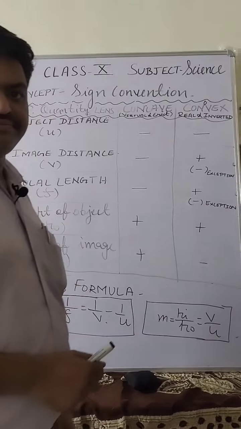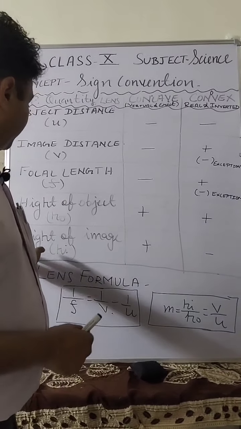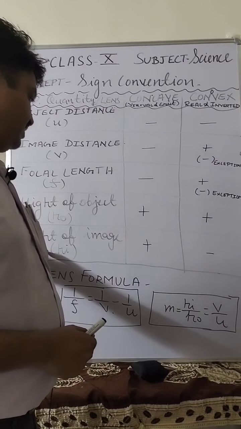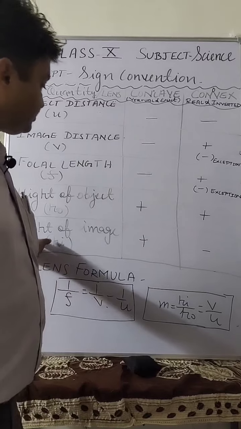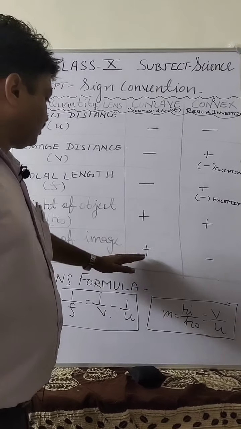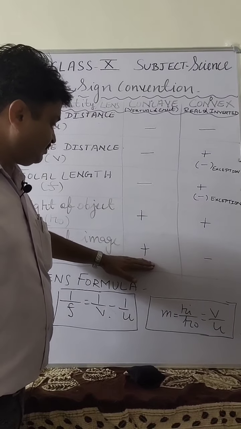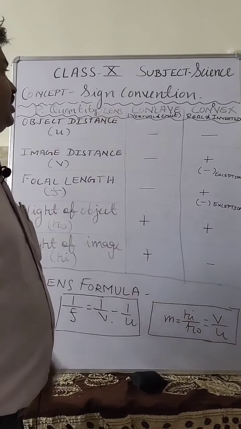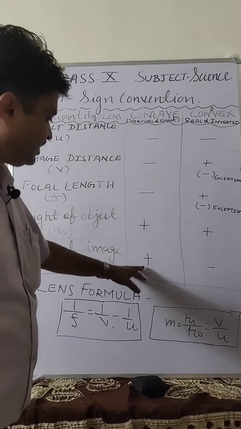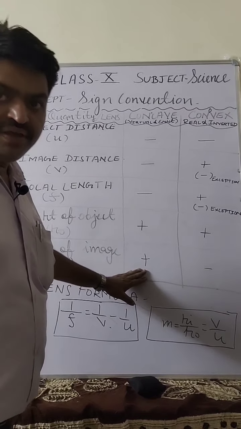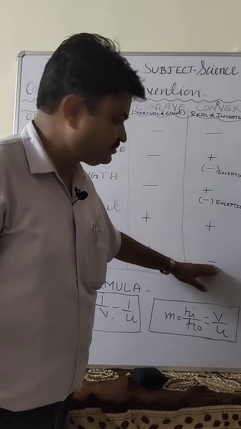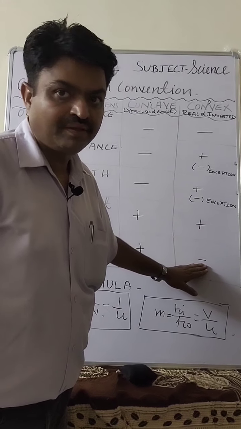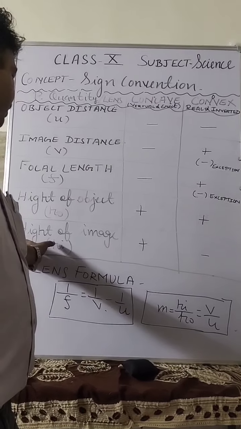But for the height of the image, if the image is formed above the principal axis, then it is positive. If it is formed below the principal axis, then it is negative. So that is about the height of the image.